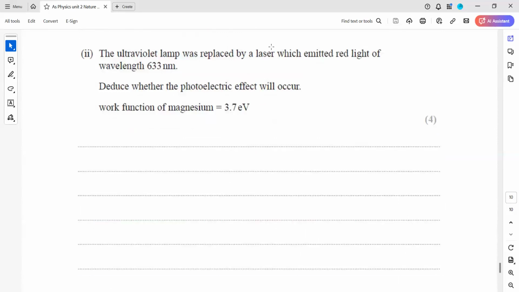And then the ultraviolet lamp was replaced by a laser which emits a wavelength of 633 nanometers. Deduce whether the photoelectric effect will occur. The work function is 3.7. So what you have to do, you will use the formula E equals phi plus Ke.